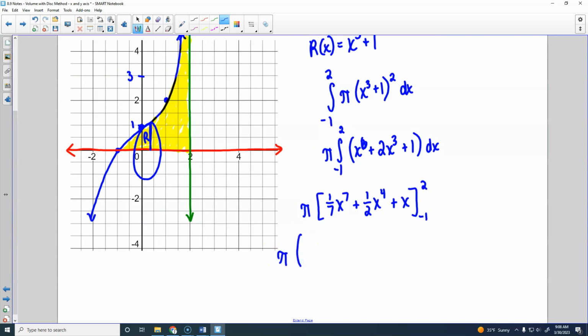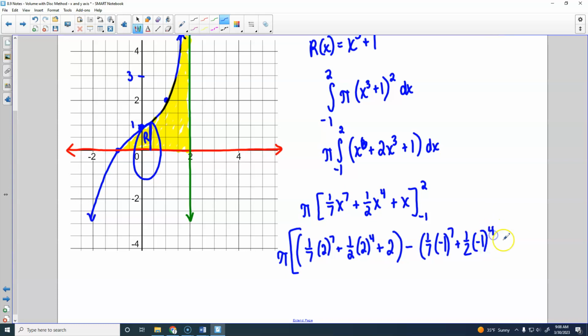So that would be 1/7 times 2 to the 7th plus 1/2 times 2 to the 4th plus 2, minus 1/7 times -1 to the 7th plus 1/2 times -1 to the 4th, minus 1.